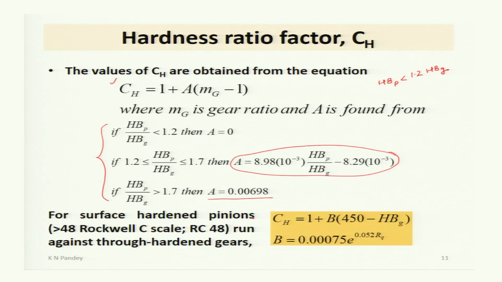For surface hardened pinions, greater than 48 Rockwell C scale, RC 48, running against through hardened gears, we have CH, the hardness correction factor, given by 1 plus capital B within the bracket 440 minus Brinell hardness of the gear, where B is given by 0.00073 e to the power 0.052 RQ, where capital RQ is the surface finish of the pinion expressed as root mean square roughness in micrometer.